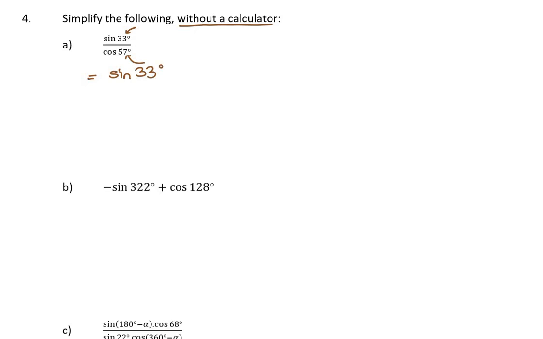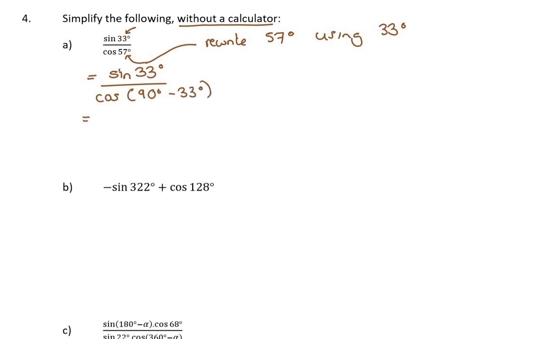So if I keep sine of 33, can I rewrite my 57 using 33 degrees? Simply because then perhaps there'll be some cancelling that can happen. So can I rewrite 57? Well, 57 would be 90 degrees minus 33.